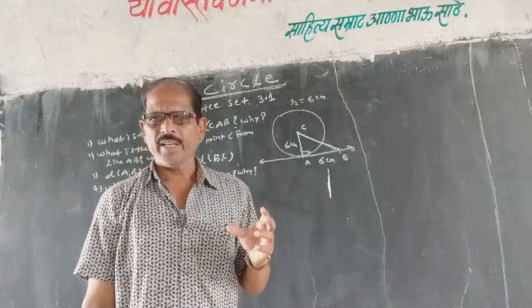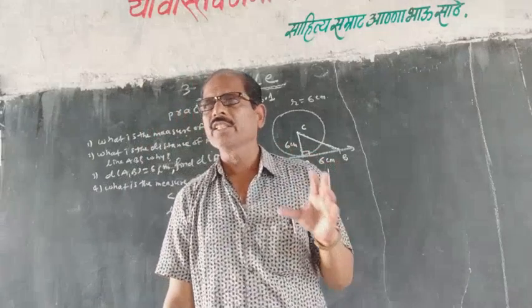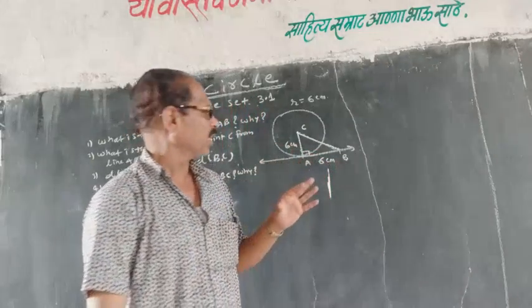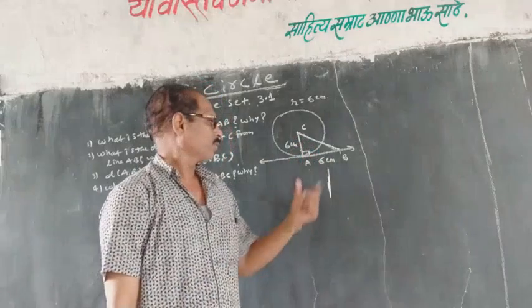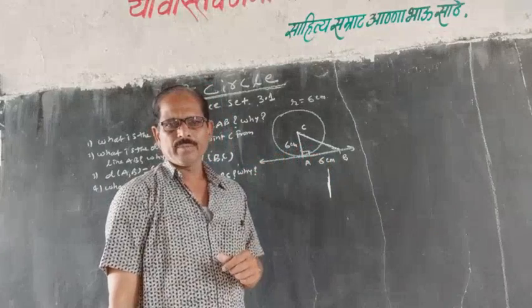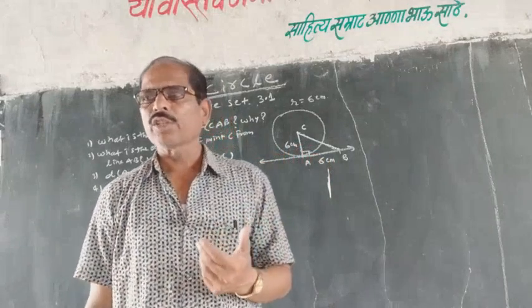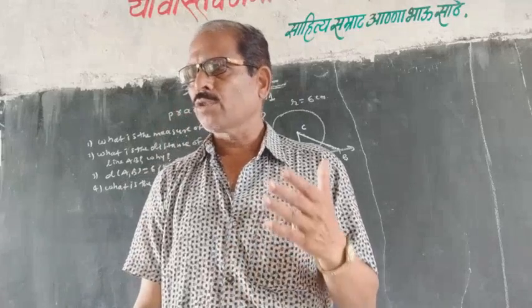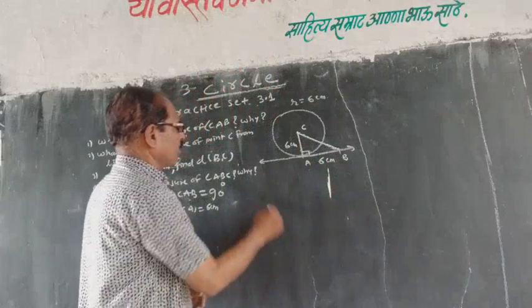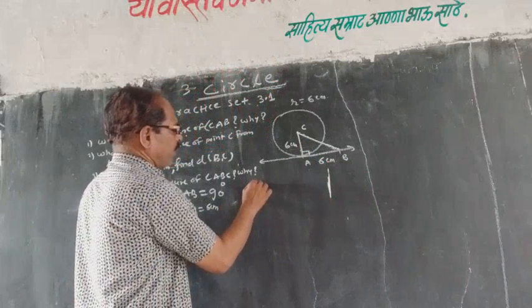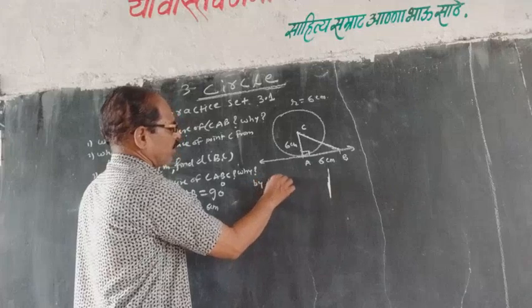Which type of triangle? This triangle is a right angle triangle. So we have the base and height. By using the Pythagoras theorem, we can find the value of BC.